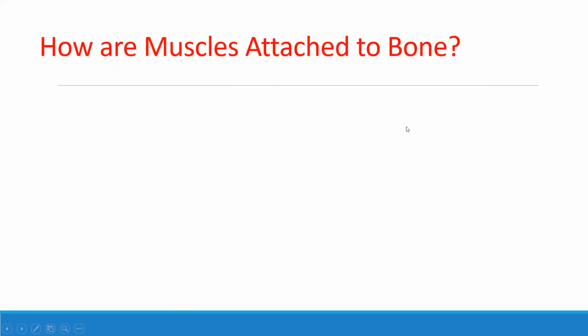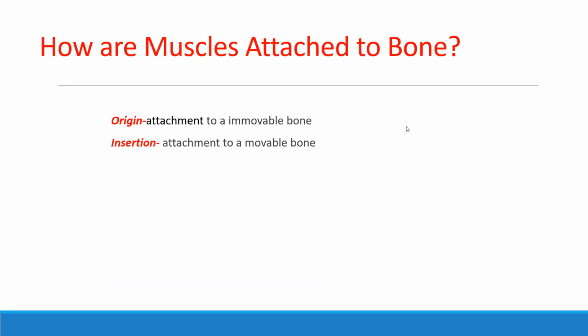Now, remember this. What is the origin? The origin is the attachment of a muscle to an immovable bone, the bone that doesn't move. The other end of the muscle attaches to another bone, and that's the insertion.